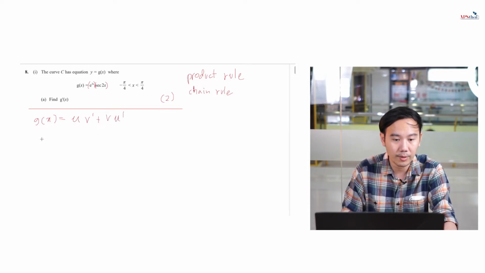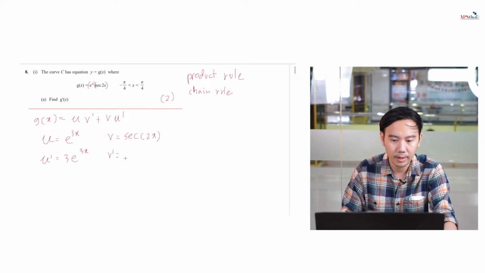So we have to pick our u to be e raised to the power of 3x. Therefore the differentiation of u is going to be 3e^(3x) because of the chain rule, and v is going to be sec of 2x.